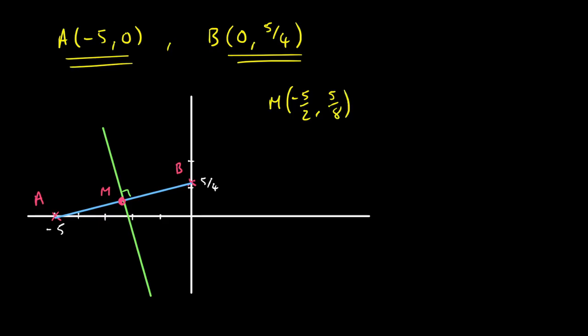Next, how do I get the gradient of this green line? Well, if I find the gradient of the blue line, if I find the gradient of AB, I can use the negative reciprocal to find the gradient perpendicular. So the gradient of AB, so m subscript AB, so I'm nice and clear, is going to be y2 minus y1, so 5 upon 4 minus 0, over x2 minus x1, which is 0 minus minus 5, right? So minus minus 5.